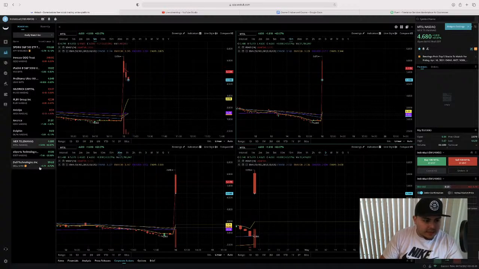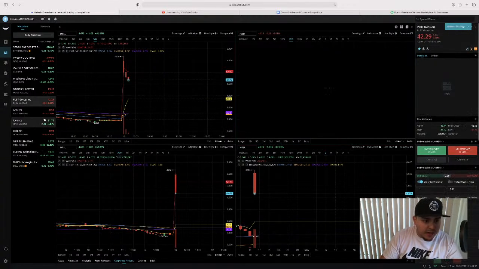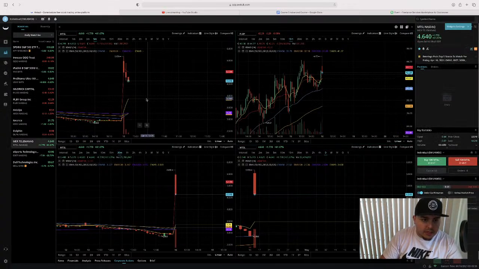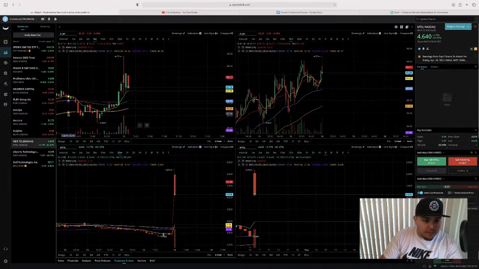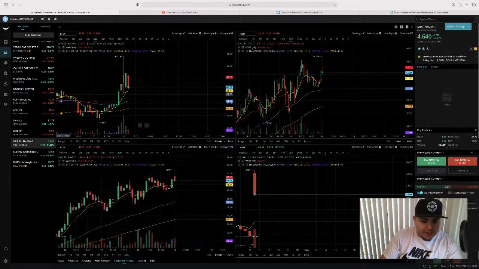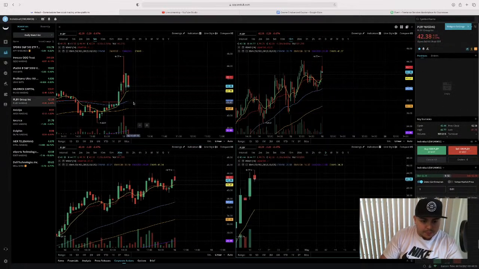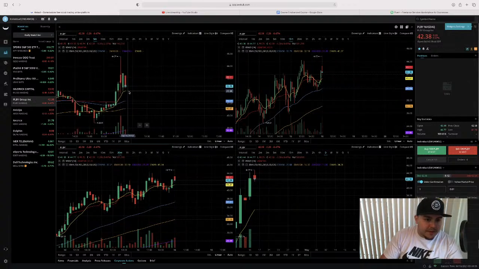All right, so we're looking at MTSL, PLBY. Like I said earlier, it's holding that trade line. I want to see it finish this candle on the 5-minute chart.